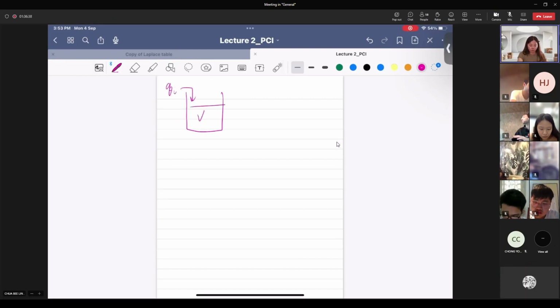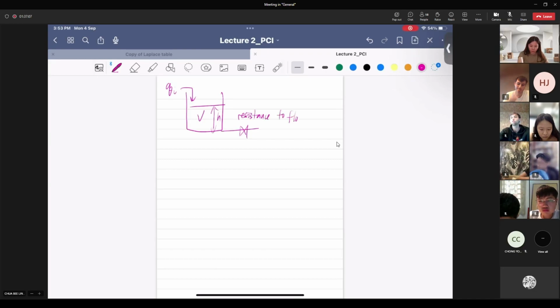Volume. For this example, I think they actually have rho A. You are going to derive the level, so the change of the level. Then you have one valve here. When you have a valve there, you have to consider the resistance to flow.